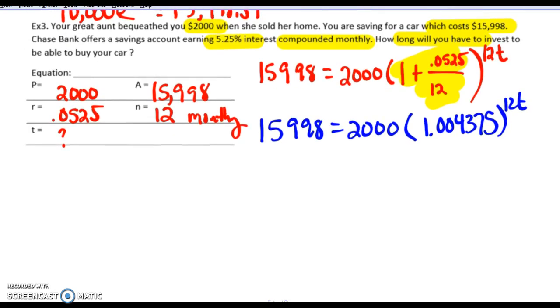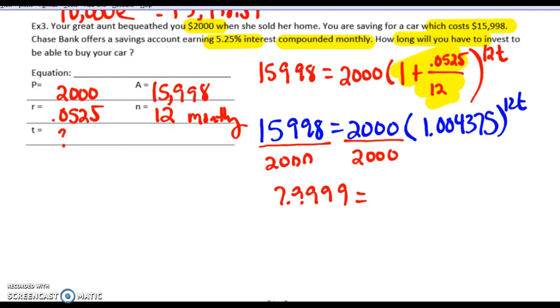So we're solving for time here, which means I'm going to probably have to convert this to a log, but the first thing I need to do is get that base by itself. So when I divide each side by 2,000, I end up with 7.9999 is equal to 1.004375 to the 12t.